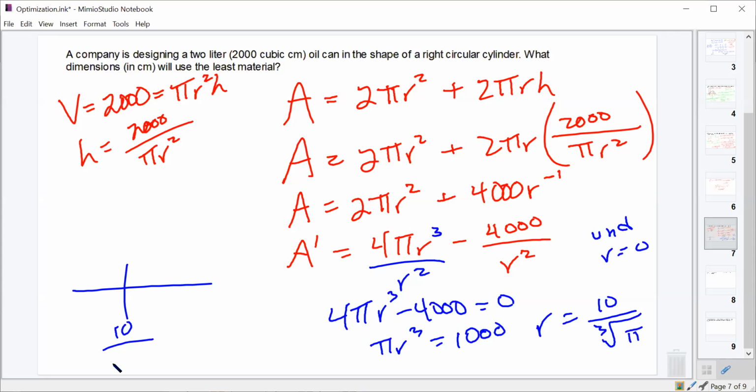So here's 10 over cube root of pi. What is that about? Anybody got an approximation for that? Thank you, Alice. 6.827840633. Wonderful. So something more than that would be 9. Plug in 9 into our derivative.